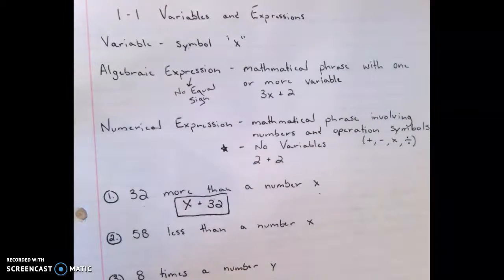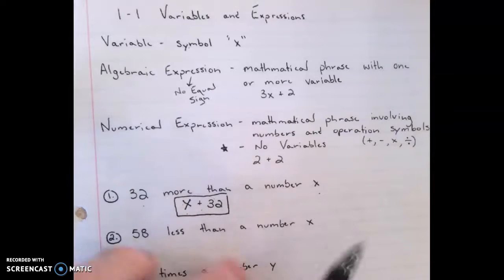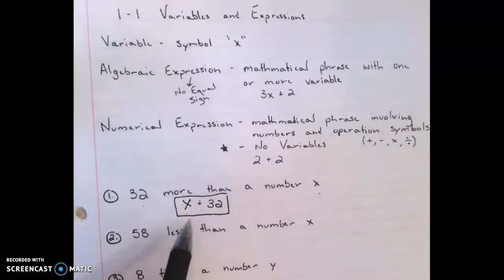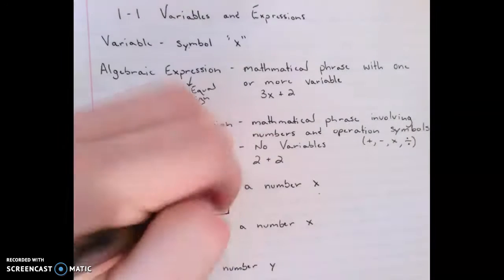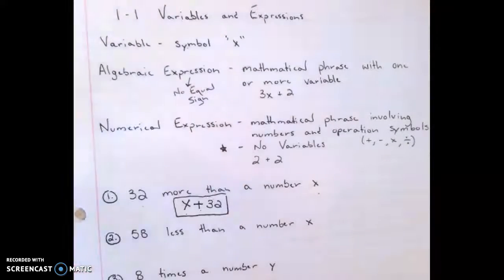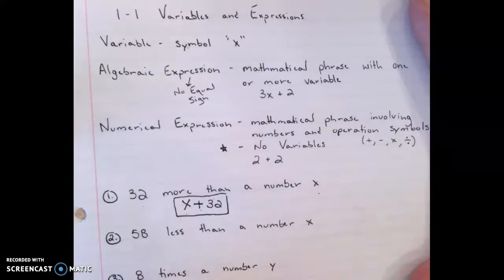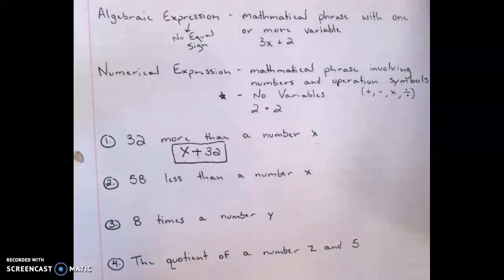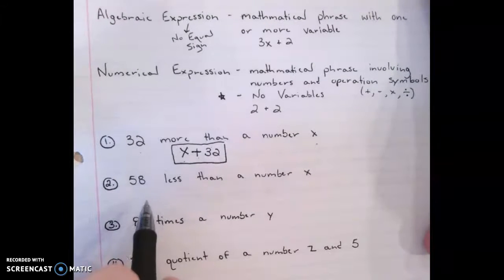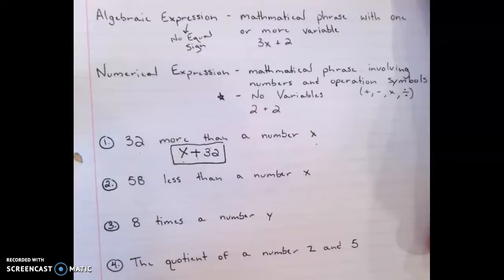Order matters here, guys. x + 32. 32 is more than this number, so I'm starting with my x and adding 32. Number 2: 58 less than a number x. Again, "less than" refers to subtraction. So 58 is less than a number x.